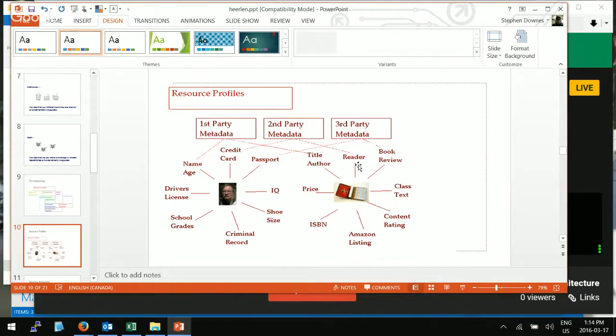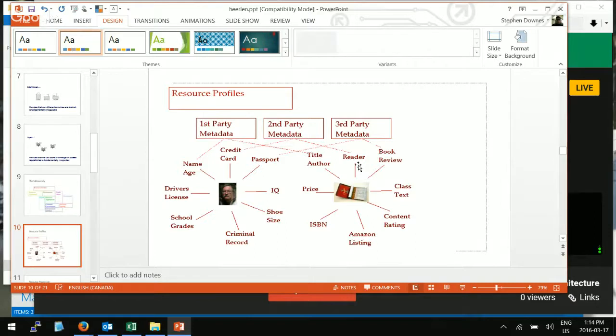They might have properties that a second party gives to them, like their credit card number, for example. And they might have properties that a third party uses to describe them, like, say, their passport number or their IQ. It's the same with things like books or other resources.